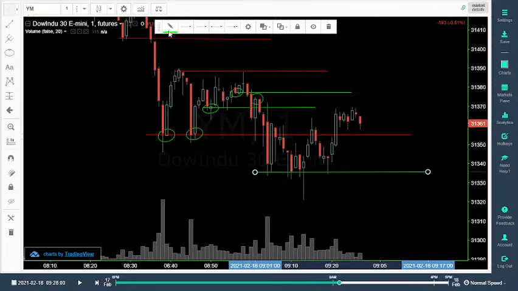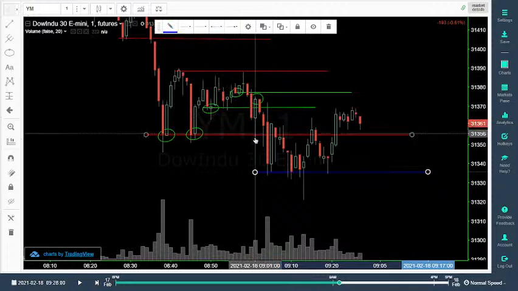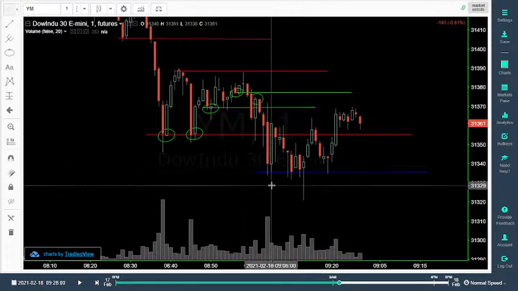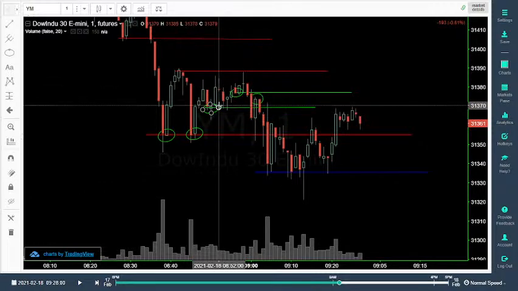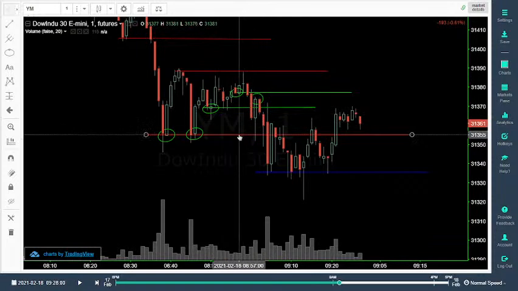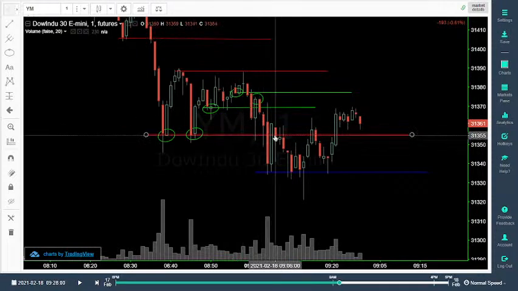So since this is the lowermost level of support that got established today, I want to go ahead and make it blue. That's how I like to color code my charts. Blue represents the lowest level of support that happened that day. The green represents a level of support that you want to go long from based off of a higher low. And then the red represents a level that you want to potentially short from as prices come back up to retest a previous swing low.